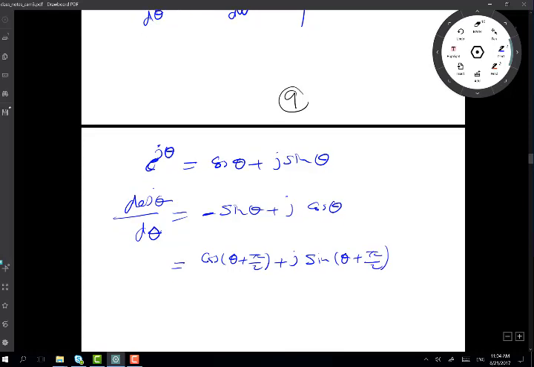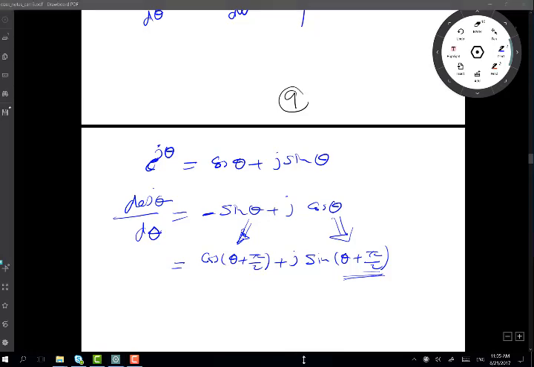You see what I mean? So this is my cosine and this is my sine, and you can prove that. For example, if you want to remember the expansion of the cosine function, cosine of A plus B is cosine cosine minus sine sine, right? So cosine theta, cosine 90 is 0, minus sine theta, sine 90, which is 1. So you get minus sine theta. And when you expand the sine function, it's cosine theta, cosine 90, which is 0, plus cosine theta, sine 90, which is 1, and you get cosine.